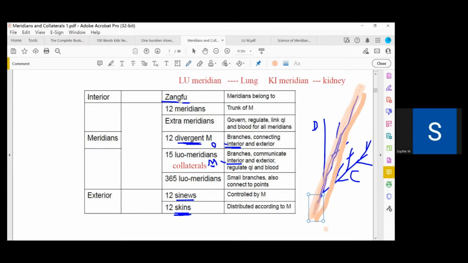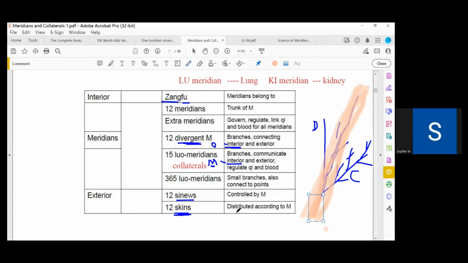That means that's a big area. That means the skin covers the meridians. Okay. And the sinews the same.